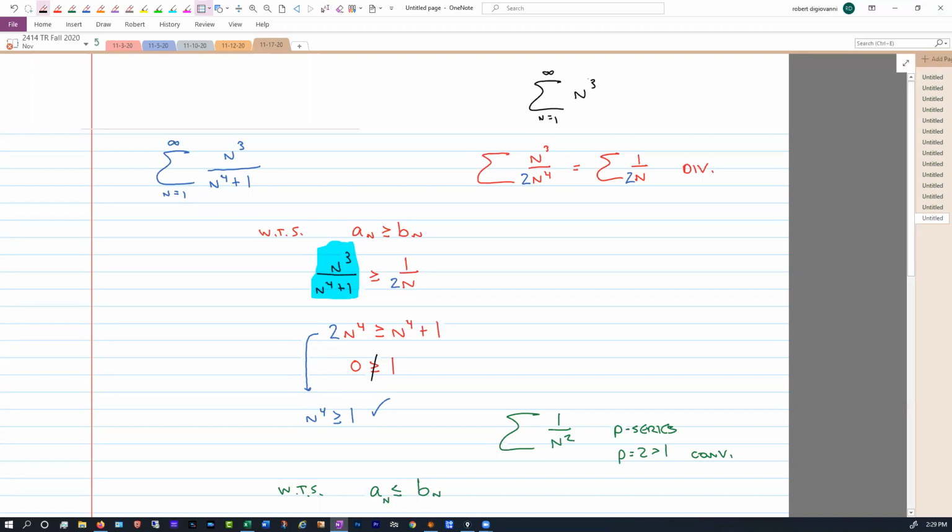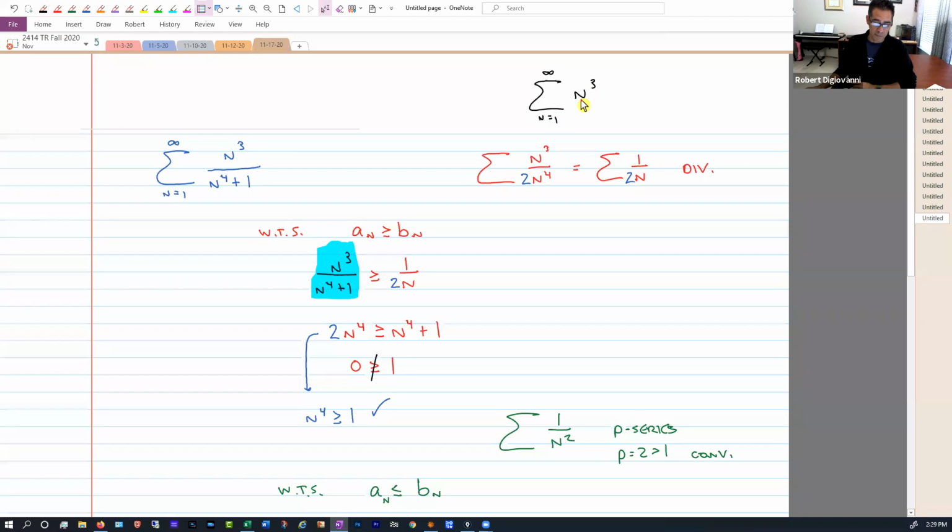All right, well, first, this does diverge. Not because it's a P series, but because when you do the nth term test and you take the limit of that, it goes to something other than 0. So this does diverge. So if this diverges, then what you need to show is that this is bigger than this.